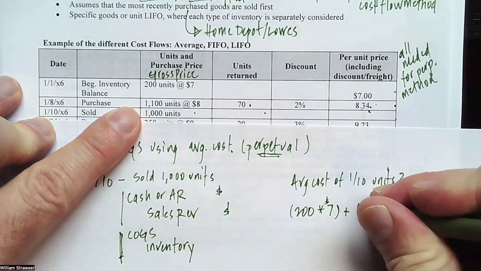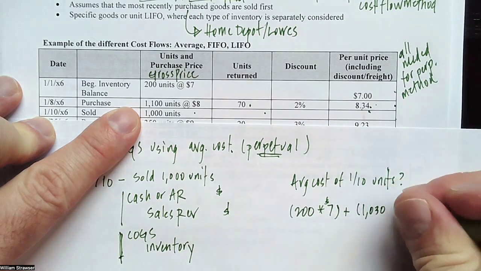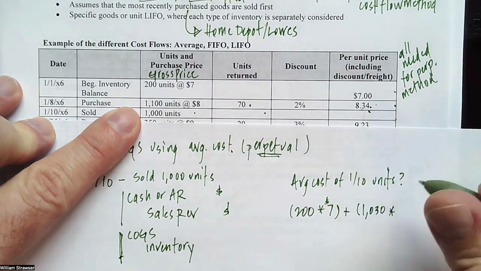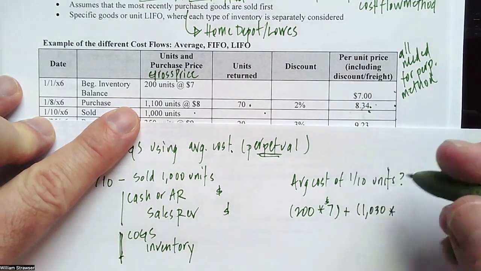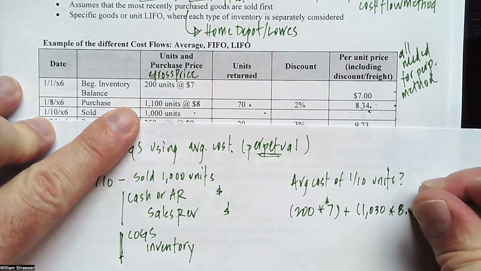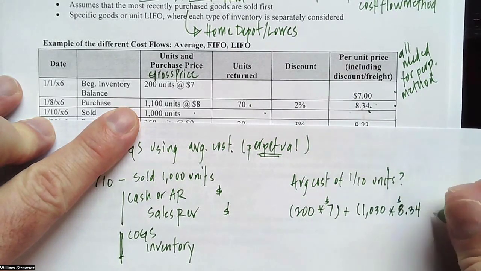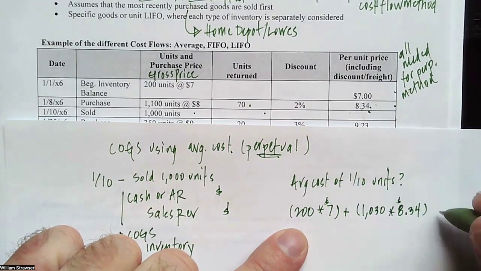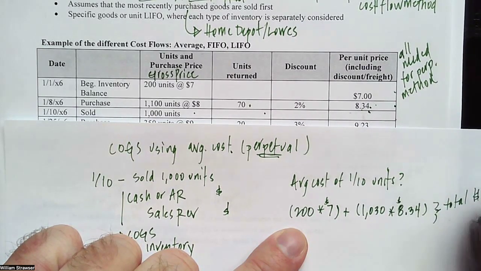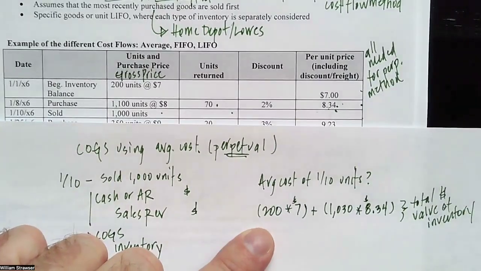So I only have 1,030 of those units remaining that I kept. And those are going to be at a price of $8.34 per unit. So this would be the total value. This is my total dollar value of inventory.